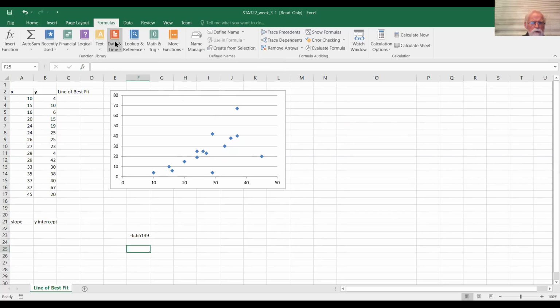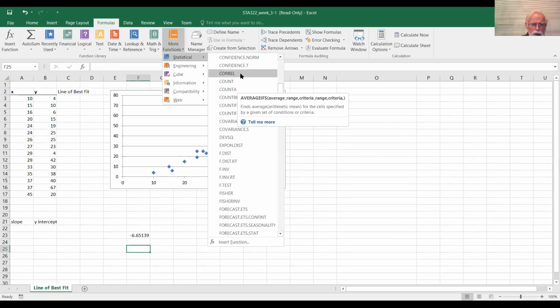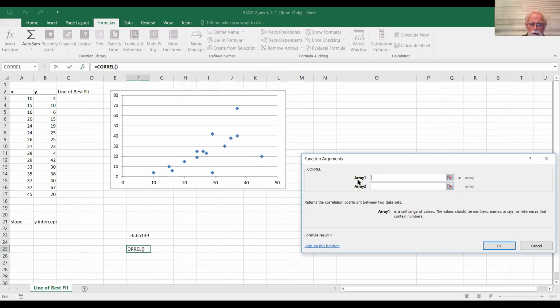So the other thing you're going to do is calculate the linear coefficient, the correlation coefficient. And that is using this one called Correl. And again, we have the cell range for these, array 1 and array 2.